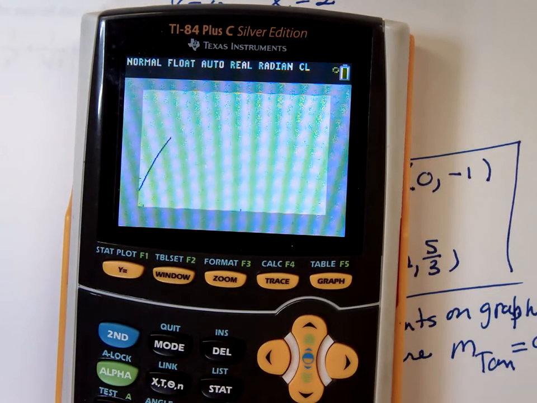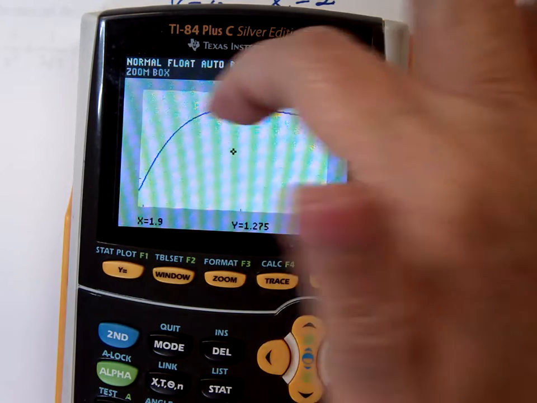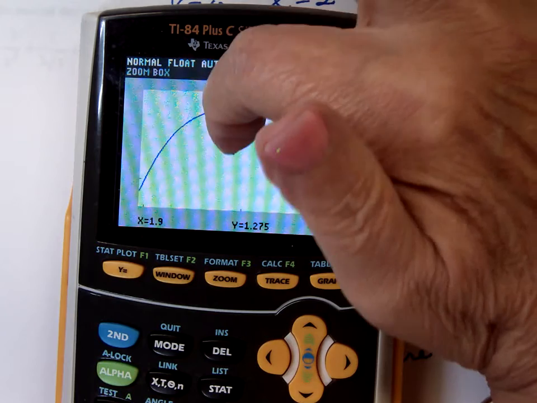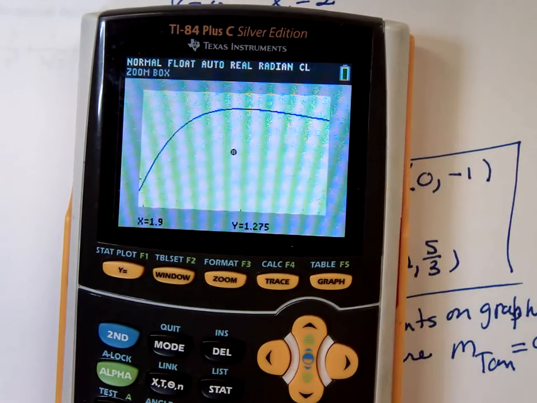Yes, there it goes up, and notice it's starting back down, but notice how gradual that is. But your maximum is right up in here. You just can't see it.